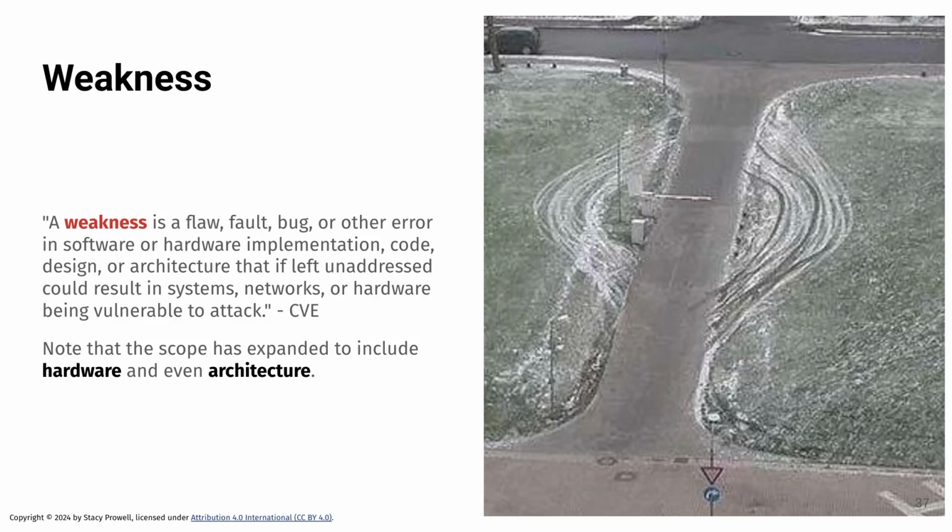Again, very wordy, but it covers a lot of space. Could be hardware weakness, could be software, could be a combination of those, right? Could be the implementation, the code, the design, even just the architecture of a system could have weaknesses. And those could be exploited, and once they're exploited, they become a vulnerability. Okay? It's not one-to-one though.